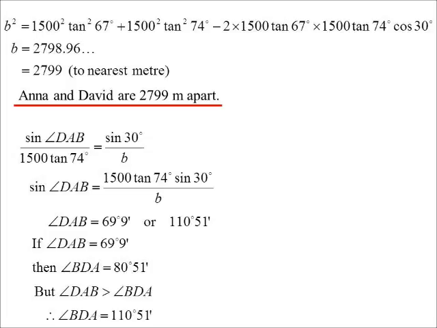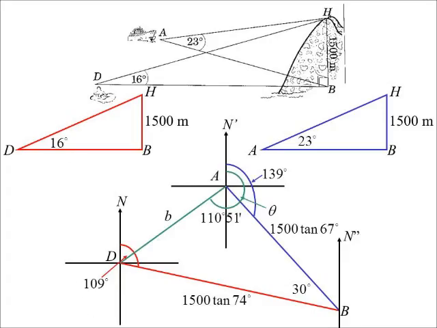But DAB is bigger than BDA. So therefore, BDA must be the 110, 51. So what we're saying is, I know 1500 tan 74 is bigger than B, so therefore this angle must be bigger as well.